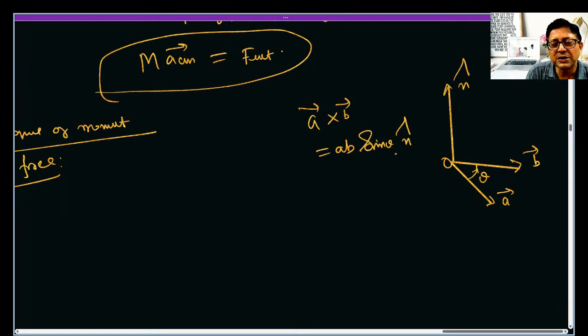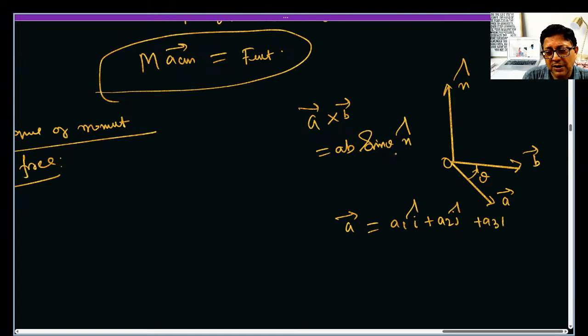And I just remind you this part. Suppose A equal to A1 i plus A2 j plus A3 k, and B equal to B1 i plus B2 j plus B3 k. So A cross B will be what?